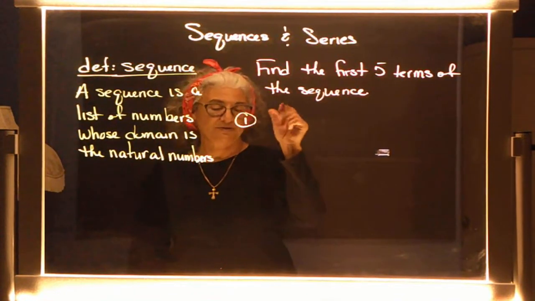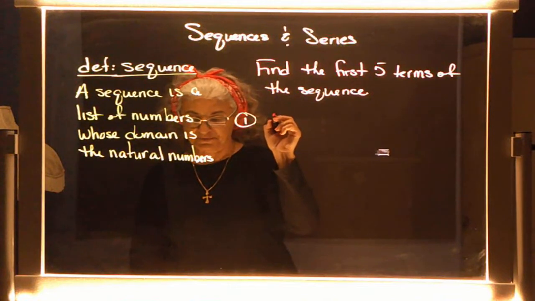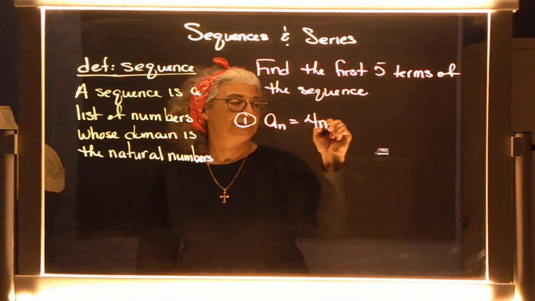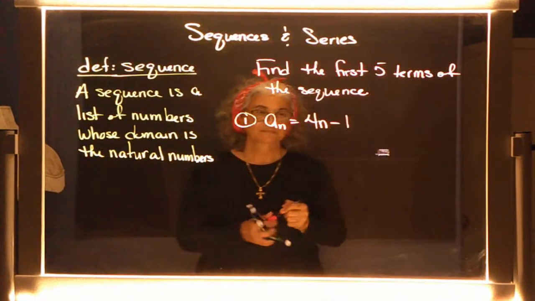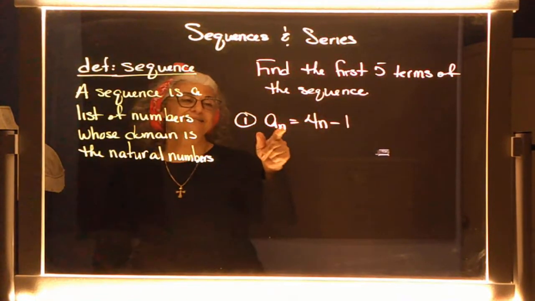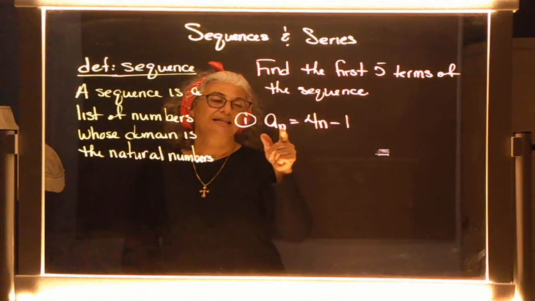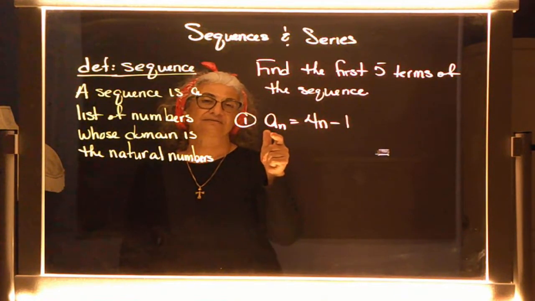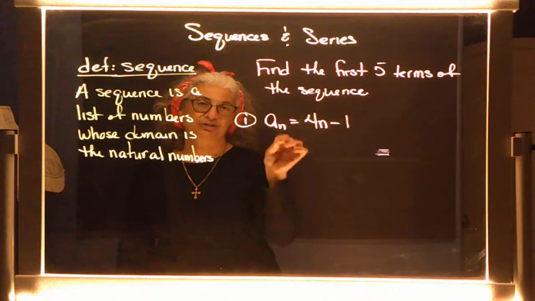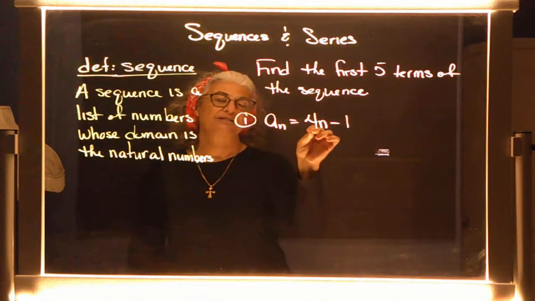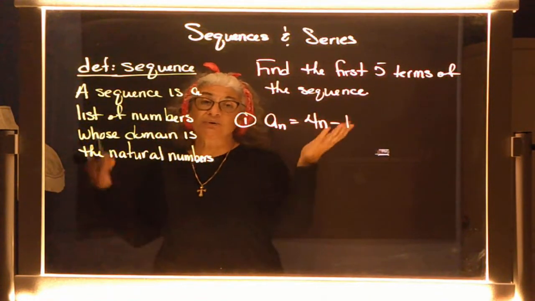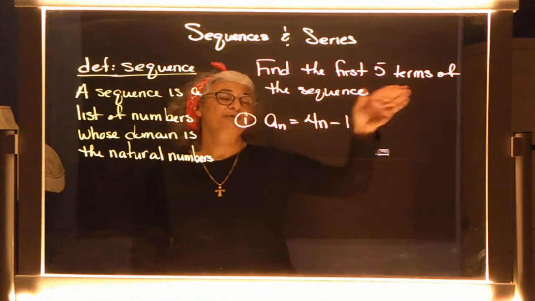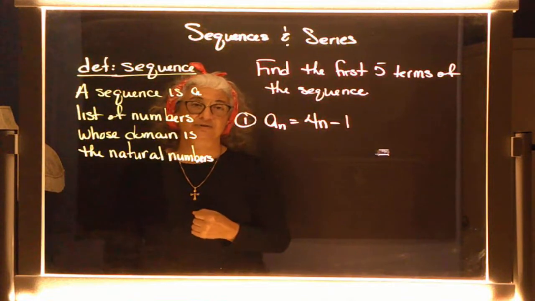And the first sequence they're giving us to work with is a sub n equals 4n minus 1. Now, a sub n, that means that's the nth term of the sequence. And to find the nth term of the sequence, I'm going to take 4, multiply by whatever n is, and then subtract 1. Now it asks me to find the first 5 terms of the sequence, correct?